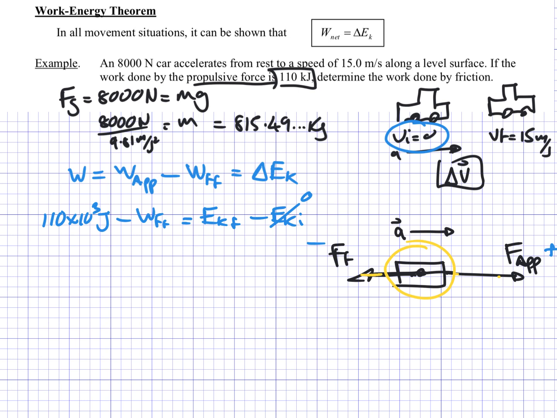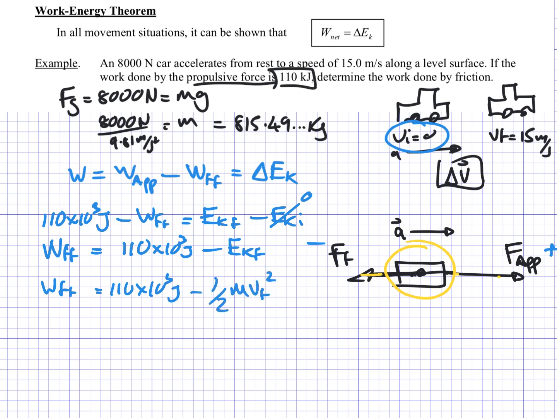Let's rearrange this and solve for the work done by the force of friction. We can add that to both sides and then take it away. So really we're saying that the work done by friction is going to be 110 times 10 to the 3 joules minus the kinetic energy final. And so the work done by the force of friction is 110 times 10 to the 3 joules minus 1/2 mv final squared.